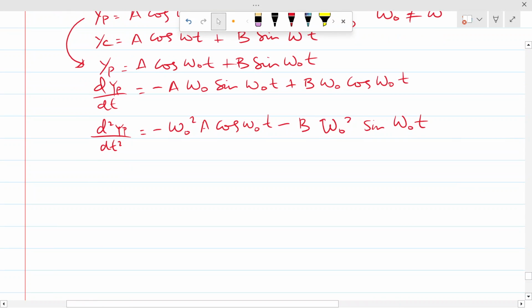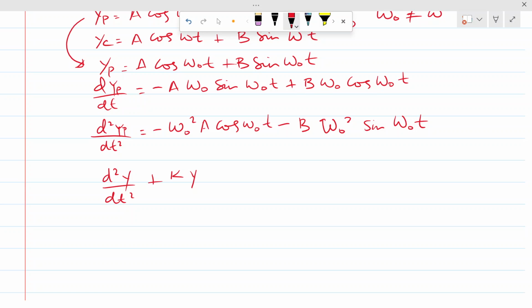So this is our second derivative, which we can then put in the main differential equation at the top, where we have m d square y over dt square plus the value of k. Let me just double check. m d square y over dt square plus ky equals f naught cos w naught t.